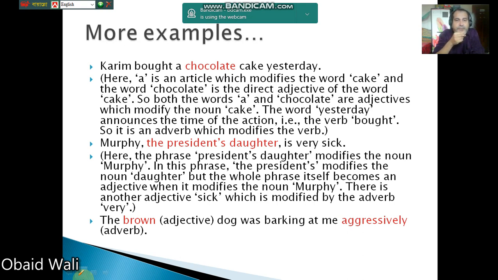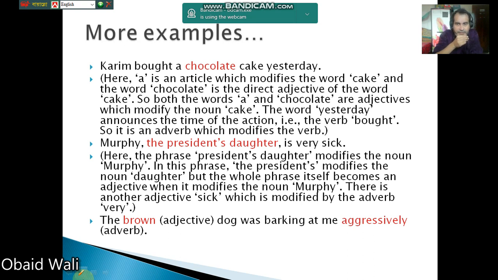And the next sentence, Murphy, the president's daughter, is very sick. Here the red color portion of the phrase, the president's daughter, is not a complete sentence. It is a phrase, and this is called an appositive, and the whole appositive is modifying the noun Murphy. And the last example, the brown dog was barking at me aggressively.